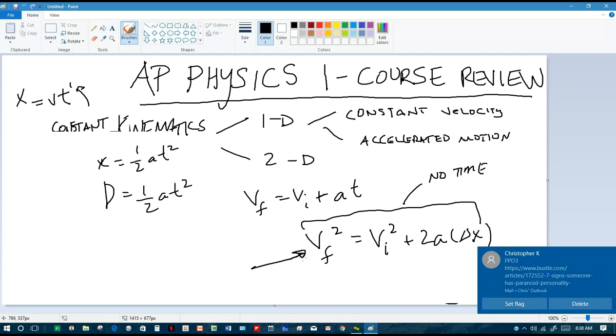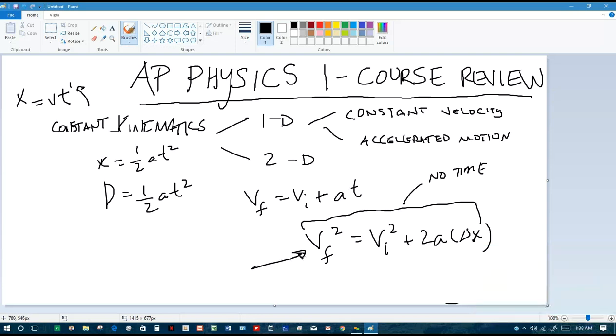And if they did not, then that indicates this is the formula you would need to use to solve that problem, because there's no time in it. Delta x is still the displacement, a is acceleration, V initial is the initial velocity, and V final is whatever you're solving for. Often that's the case. They'll say, what is the final velocity after some number of meters if the acceleration was some number of meters per second squared? And you just stick the numbers in.